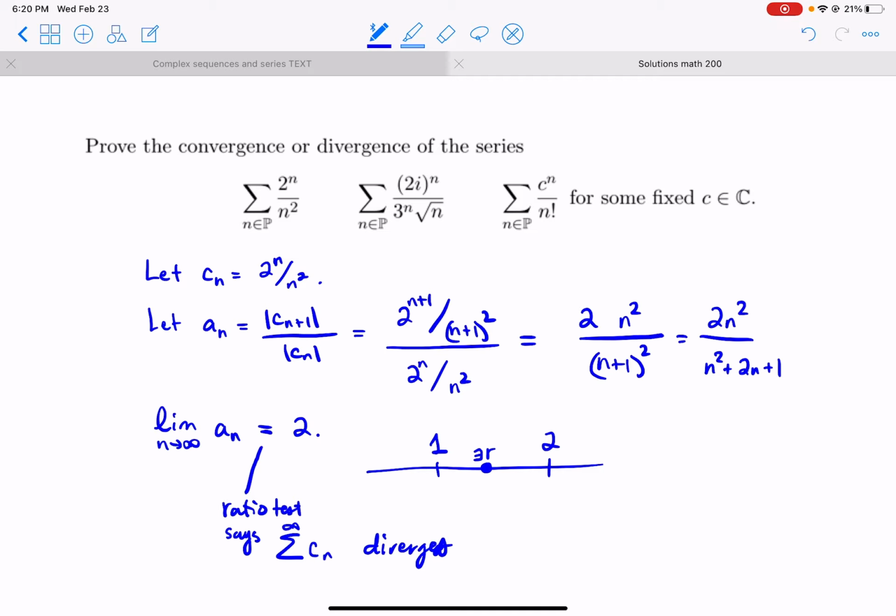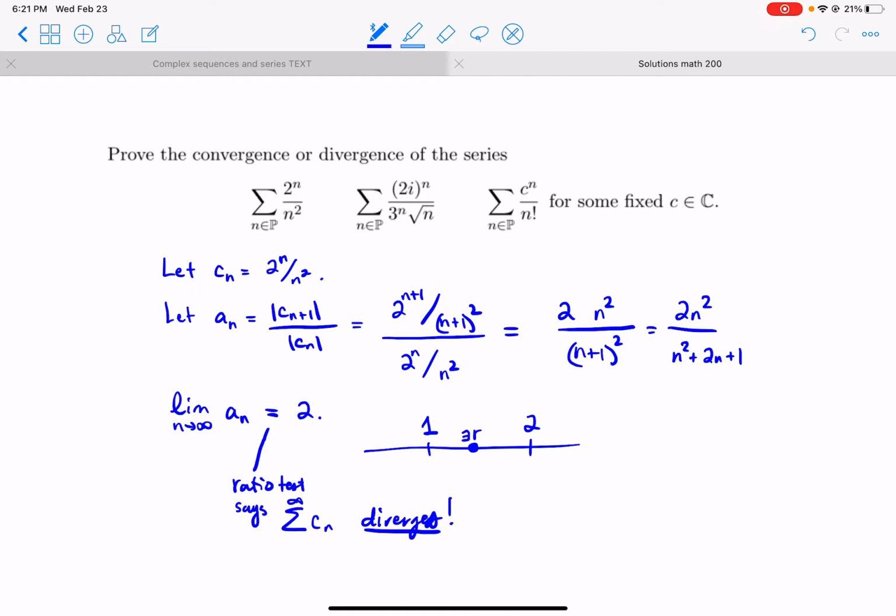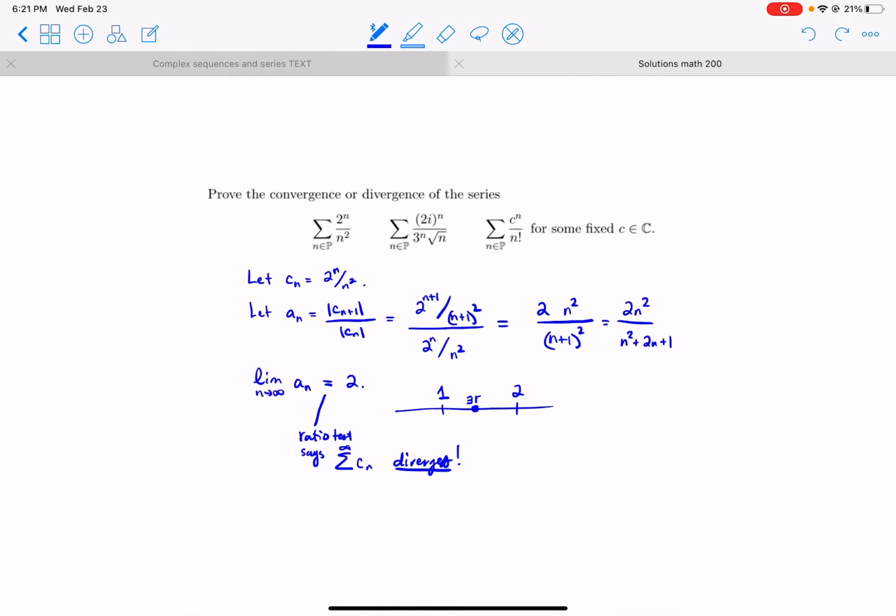We compared it, in the proof of the ratio test, to a divergent geometric series. Diverges. Okay. Great. So that was this one. Let's do the next one.